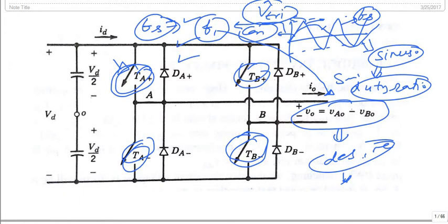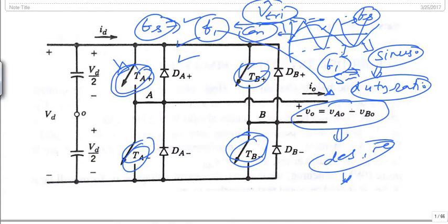Now what is the role of this control signal? This control signal is used to modulate the switch duty ratio, and it has a frequency f1. This frequency f1 is also called the modulating frequency, and it is the same as the desirable fundamental frequency of this inverter output.